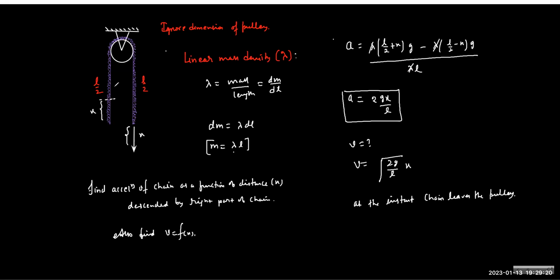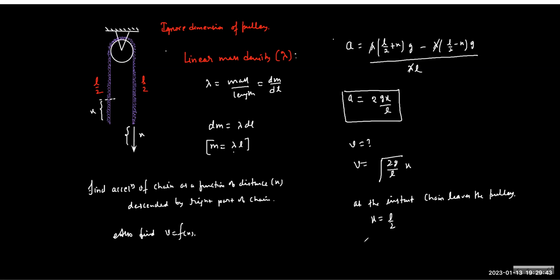So if all the chain will leave the pulley, then the x will be how much? After how much descent the chain will leave the pulley? L/2. Very good.